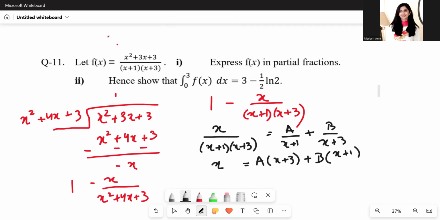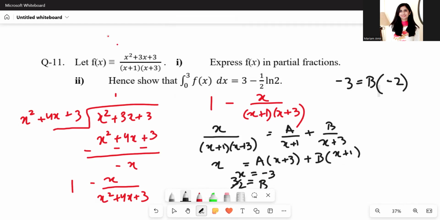Now let's find the values of A and B by first substituting minus 3 in place of x. That makes A's term 0, and we have minus 3 equals B times, if we have minus 3 here, we get a negative 2 here, so B will be equal to 3 upon 2.